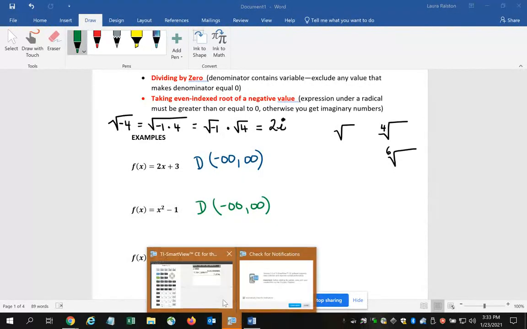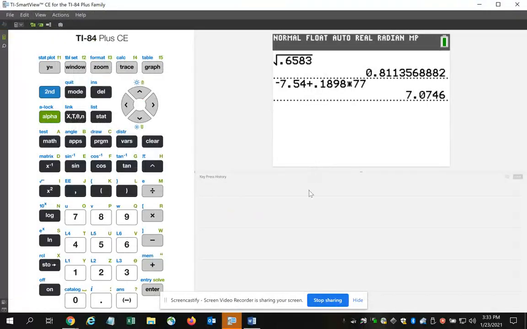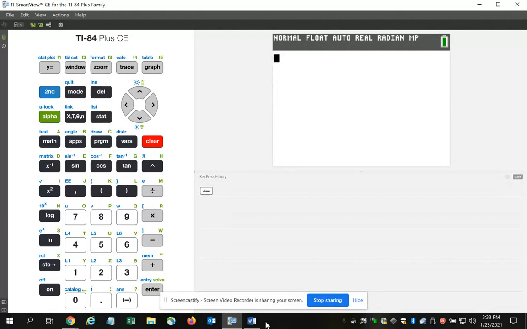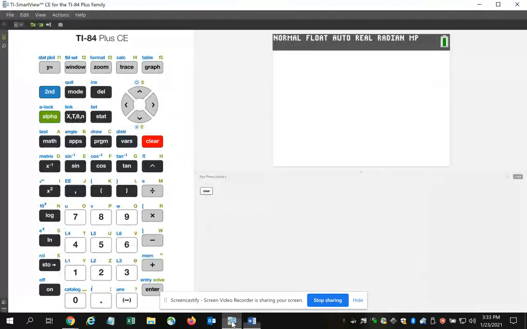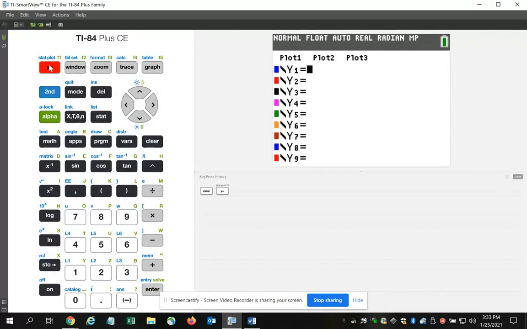And you can verify that by creating the graph of the function. So let me go back for just a minute and graph the first one. We had 2x plus 3. So if I go up to my graphing functions and say y equals 2x, was it plus or minus 3?